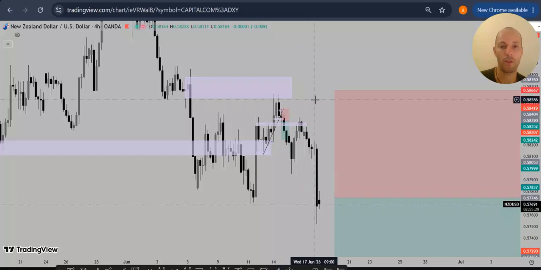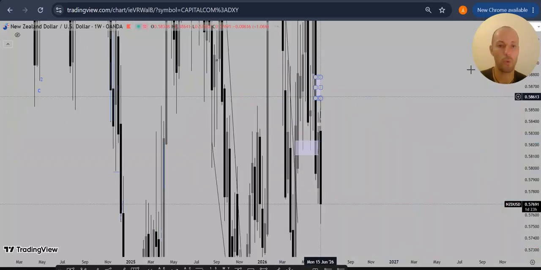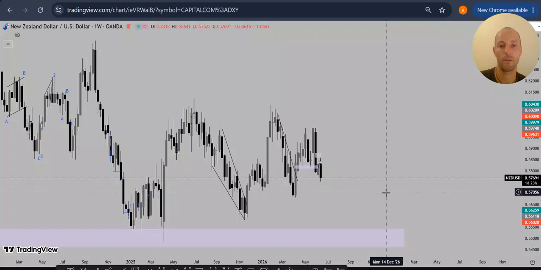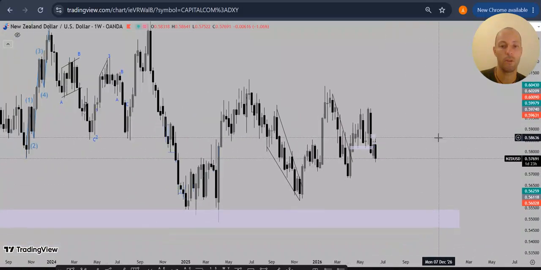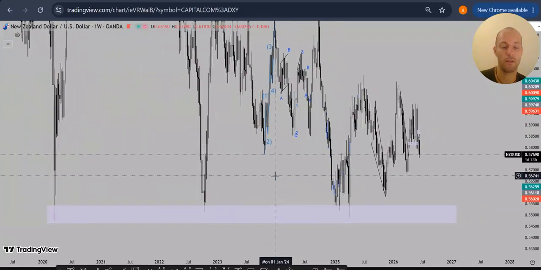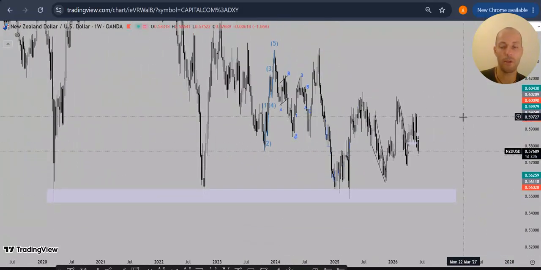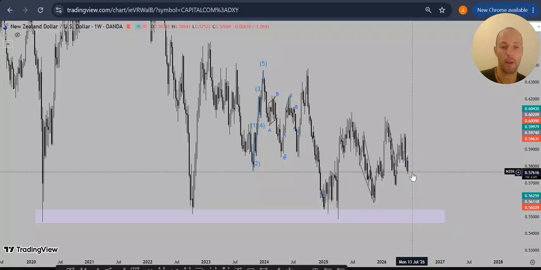Now my stop loss is right here. On my TP, let's go down to the weekly time frame. Well, my TP is here, basically. Again, let's take a wider look. So I'm expecting price to reach again this support area.